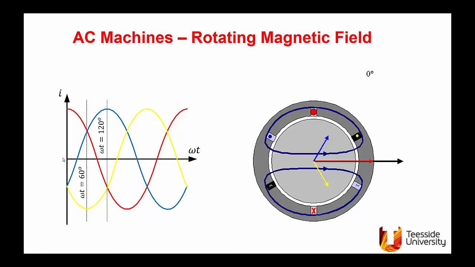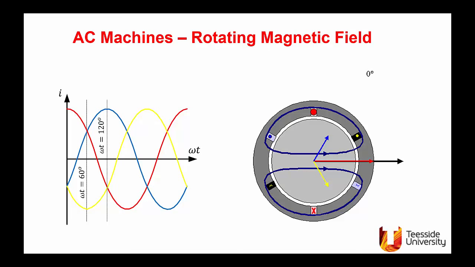So at theta or omega t equals 0, the current values are as shown, the distribution shown, and the resultant field is horizontal.